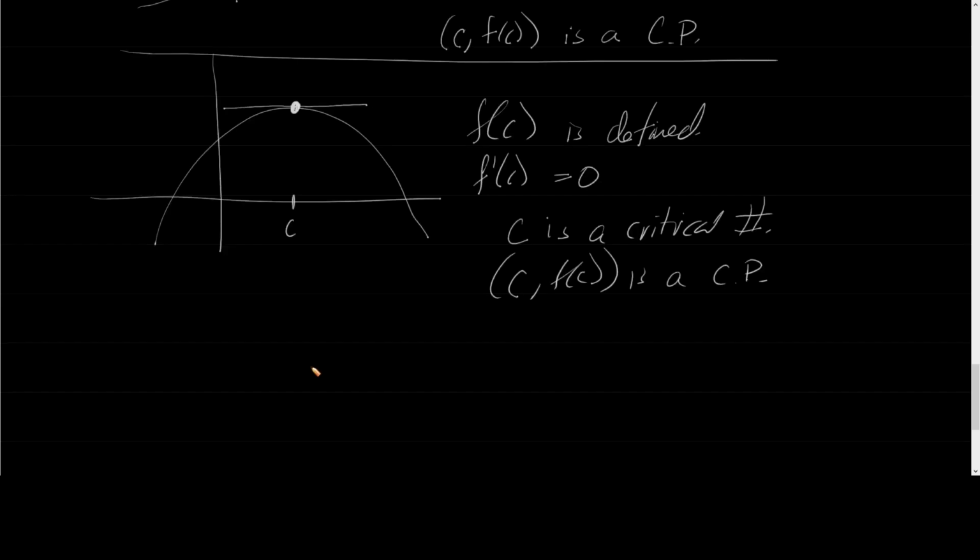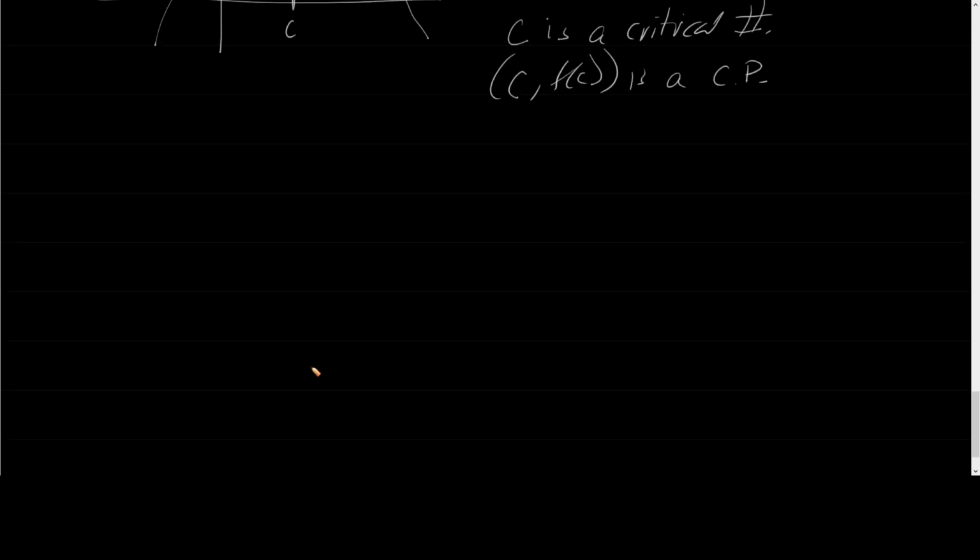All right. So now a theorem before we get to do some examples. I know we've been doing a lot of definitions, but theorem. This is for the existence of relative extrema.